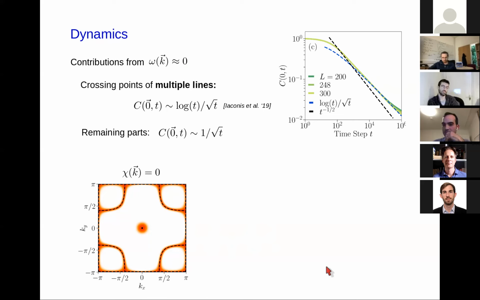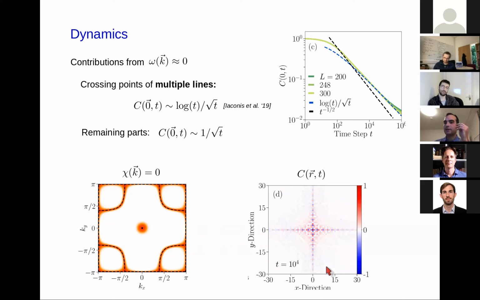However, as before, if we really want to understand the structure, we need to look at the spatial correlations at some particular time. And here what you find, instead of the rotationally invariant result that you would expect for dipole conserving systems, is this weight that is highly localized along the primary axis.